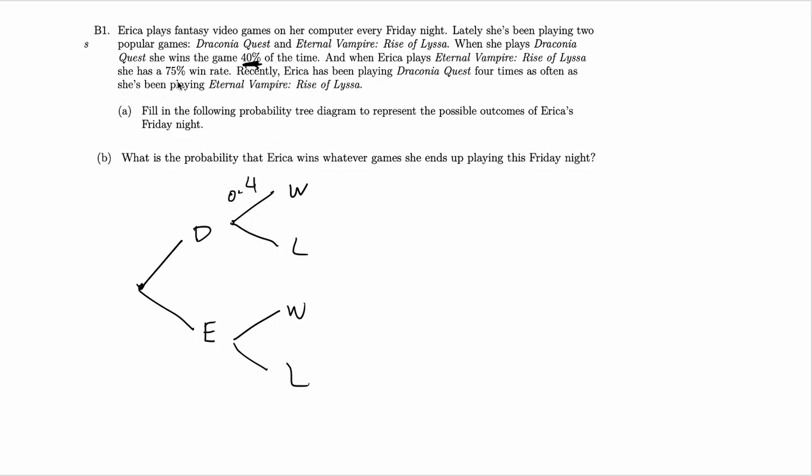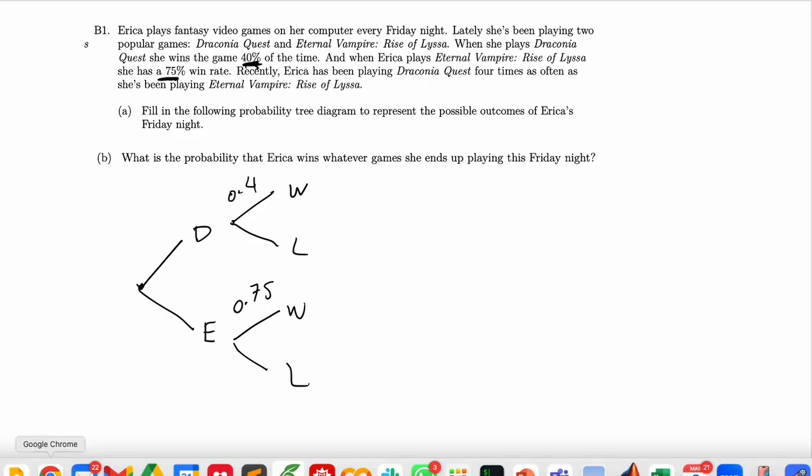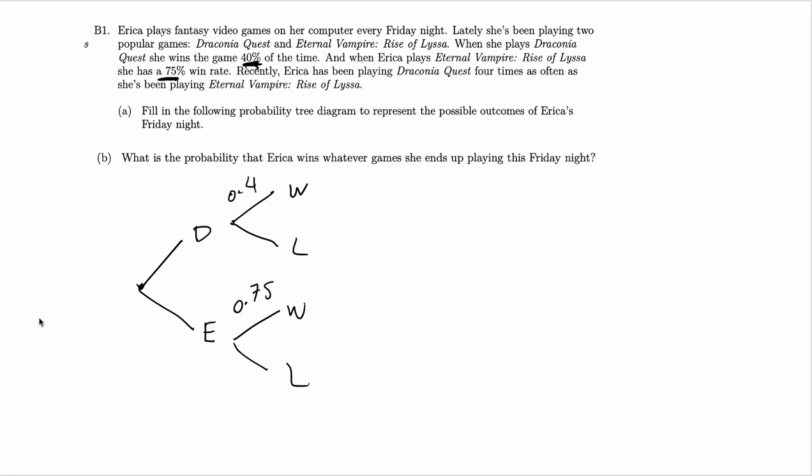And the other information is that when she plays the Eternal Vampire, Rise of Lissa, she has a win rate of 75. So this is the other conditional probability. Okay? Meaning that given that she's playing Eternal Vampire, she wins 75% of the times, okay?